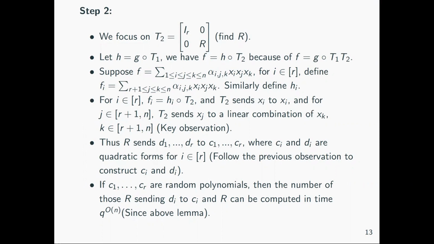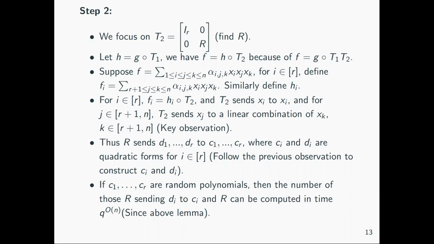Suppose F is equal to the summation of alpha ijk xi xj xk for i from 1 to R. We define Fi as the summation of alpha ijk xi xj xk for R plus 1 less or equal j less or equal k less or equal n.